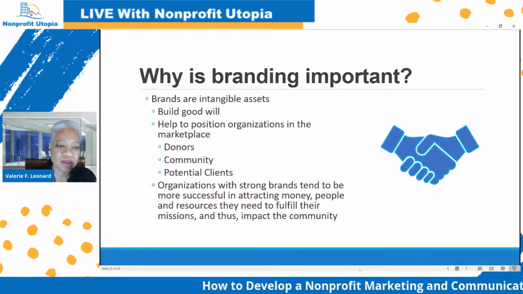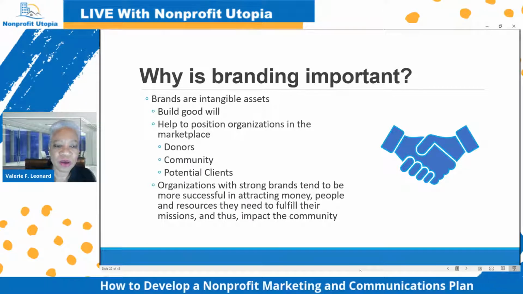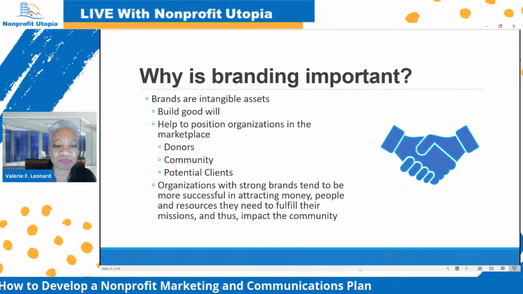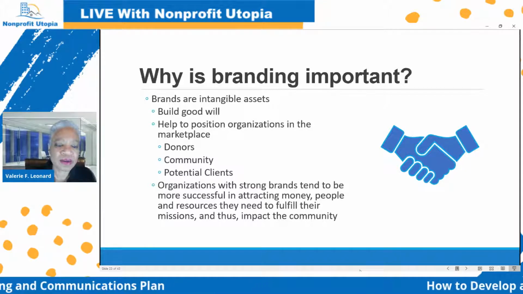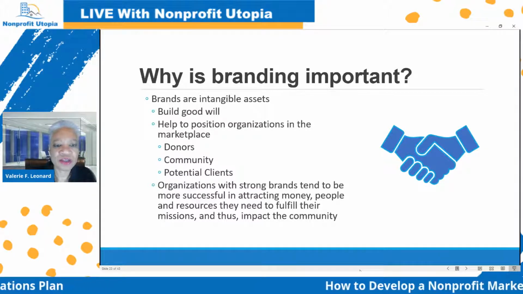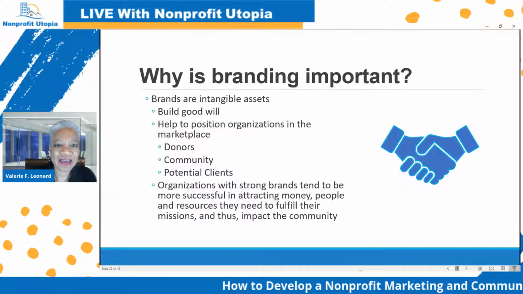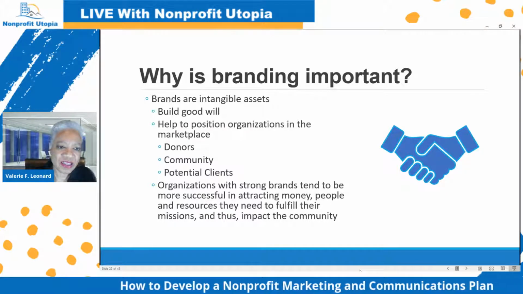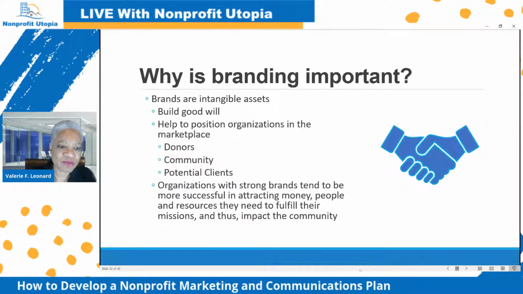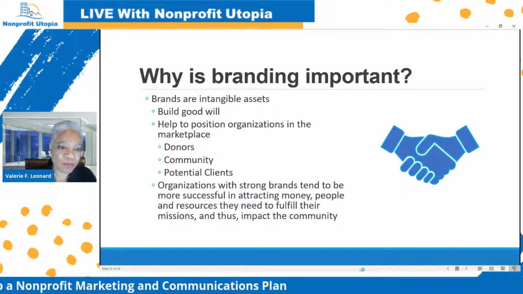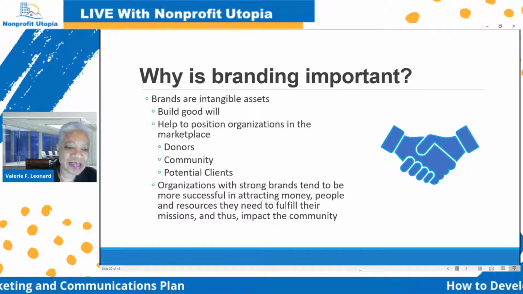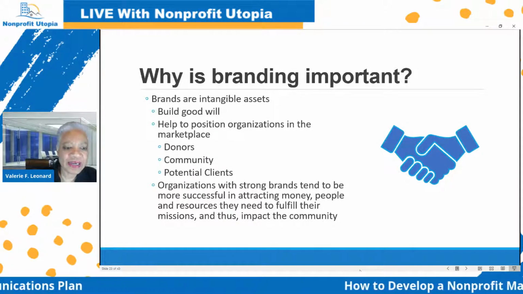So again, your donors, you might communicate with them one way. They may be concerned with, quote unquote, impact. What impact do you have on the community? How are you making a difference in the community? How are your goods and services impacting or making a difference for your clients' lives, right?